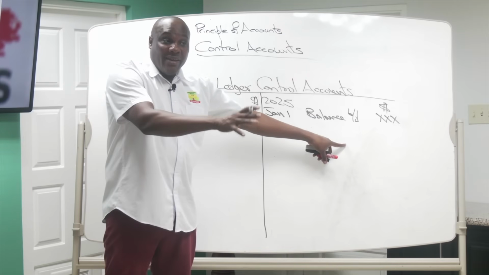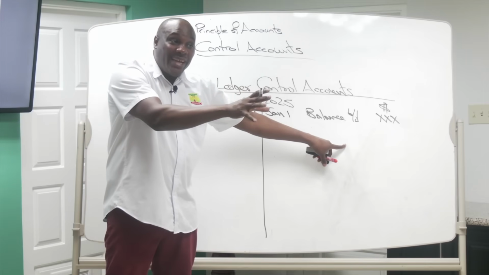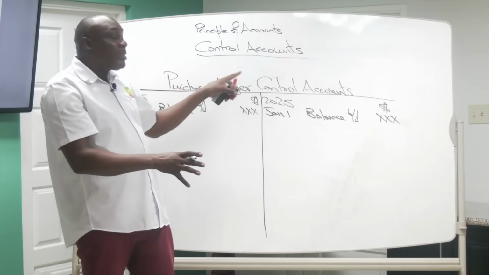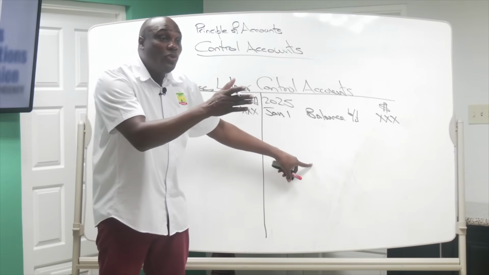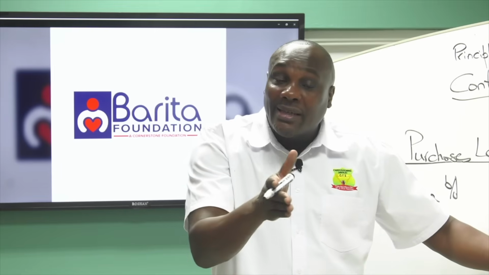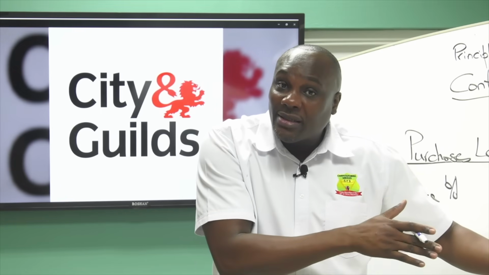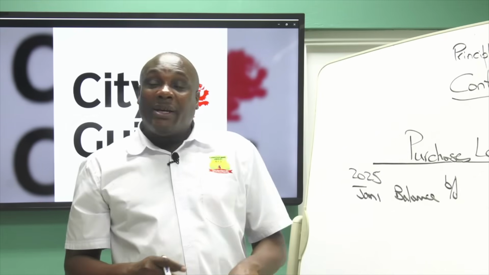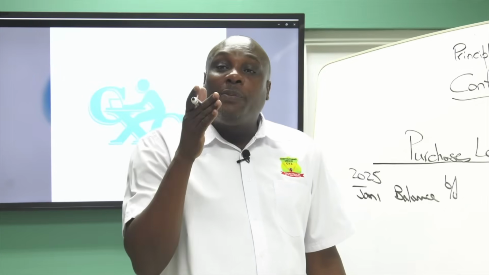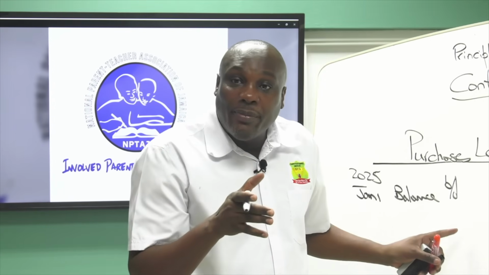That is, if the examiner should ever give you just a single balance without even telling you whether it's a debit or credit, stating it's a balance of the purchases ledger control account, you, the candidate, should know without any reservation that the balance is a credit balance, because that's the norm of a creditor balance. If the examiner gives you a debit balance, they will have to imply or explicitly state that this is a debit balance.